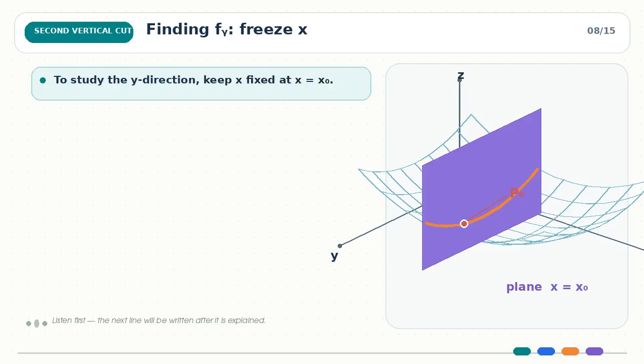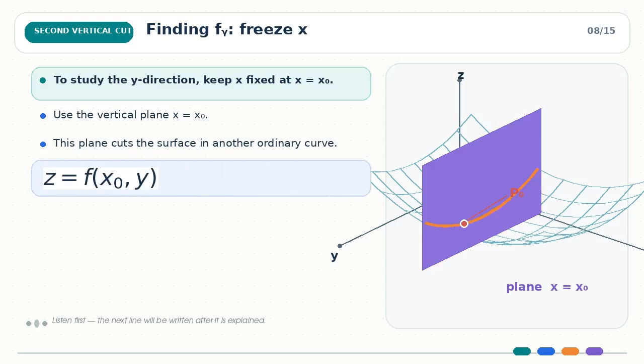Now we want the y direction slope. This time, keep x completely fixed at x0. Geometrically, place the vertical plane x equals x0 through the surface. This plane gives a different intersection curve through the same point P0. On this curve, x0 is fixed while y is allowed to change.